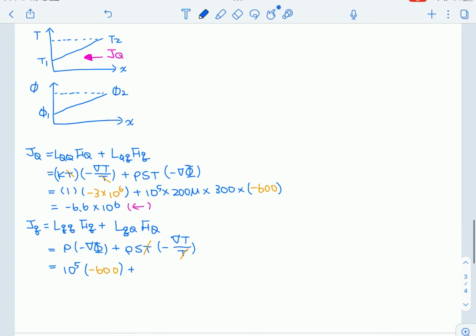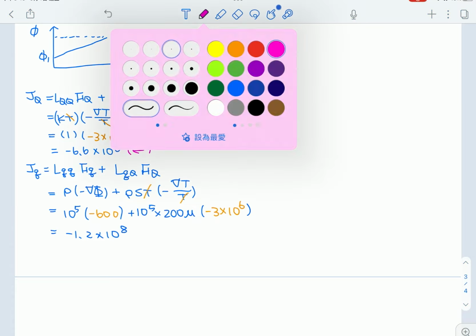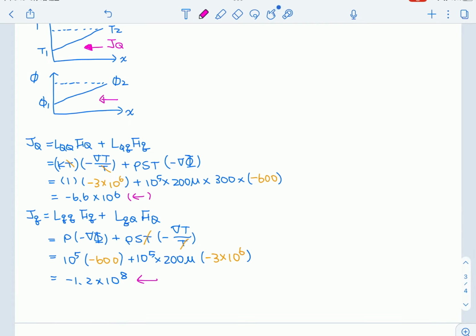And rho is 10 to 5, Seebeck coefficient 200 micro, and the minus temperature gradient is 10 to 6. Okay, so the result here would be minus 1.2 times 10 to 8. And this is minus, so the direction is also to the left. So finally, the current density direction is this way.